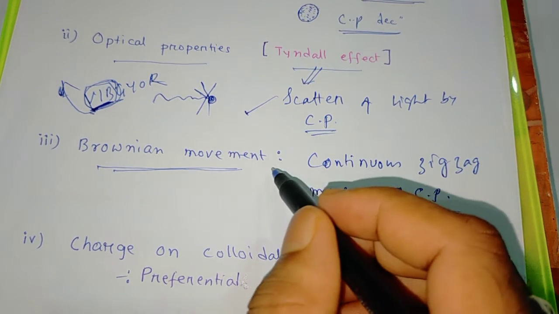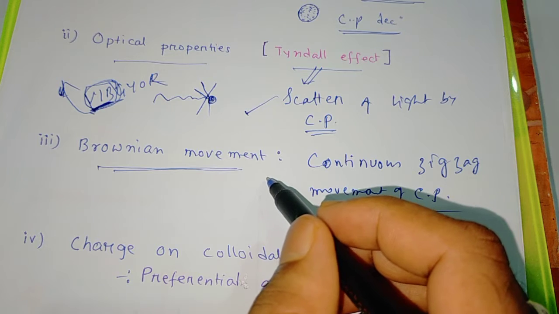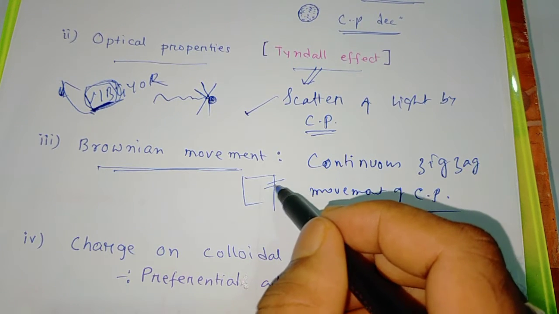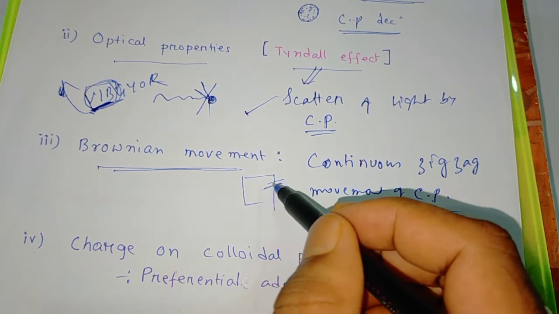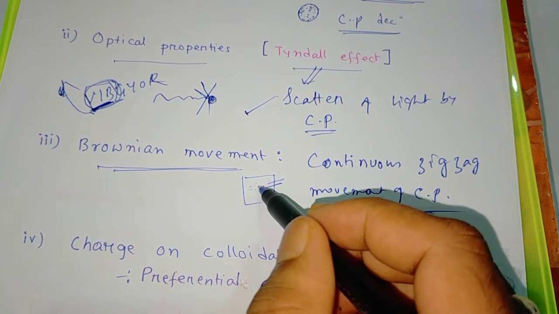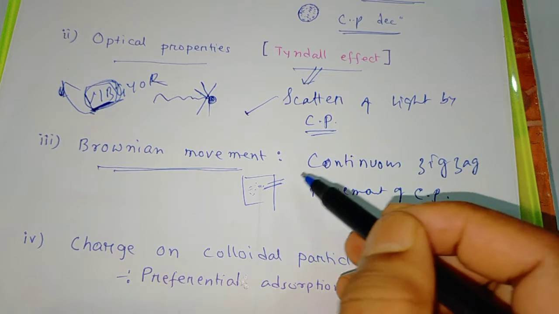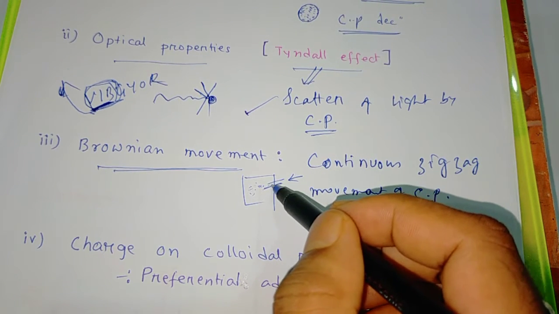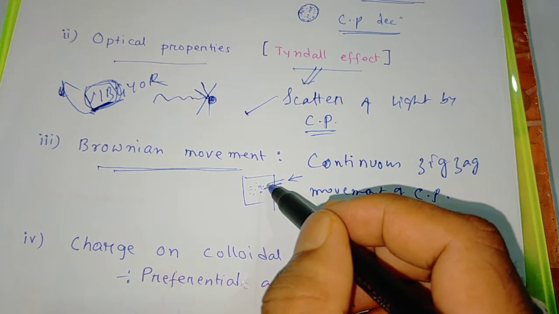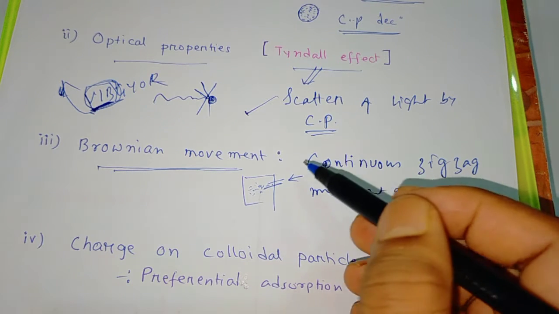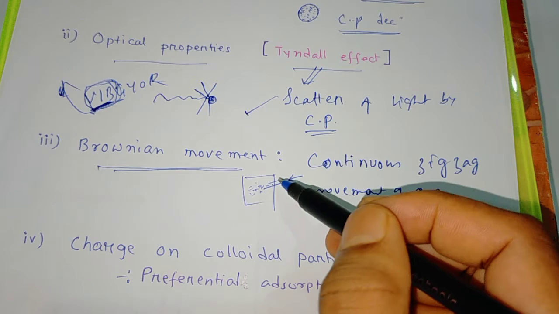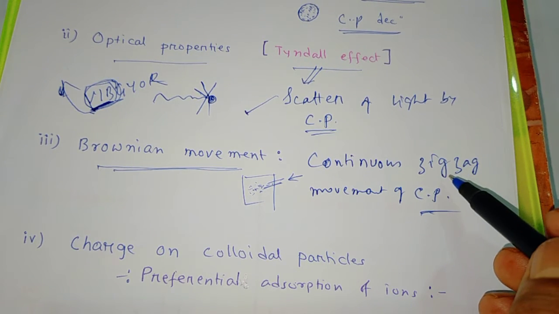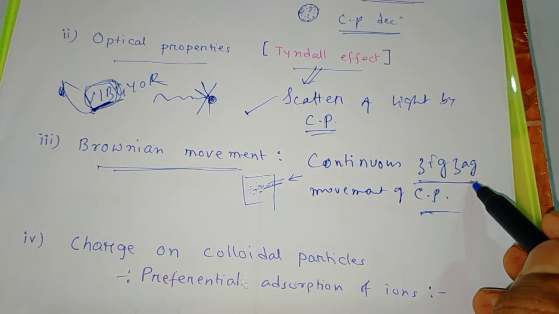You can observe that if sunlight is coming in a room from a small orifice, then dust particles are dancing. If we allow the sunlight to come in a dark room through a small opening, then you see that the dust particles present in the room are dancing. Like that, the colloidal particles' zigzag movement is called Brownian movement.